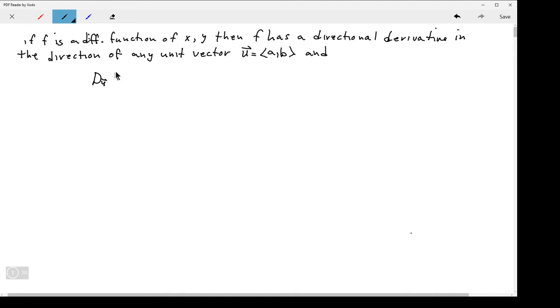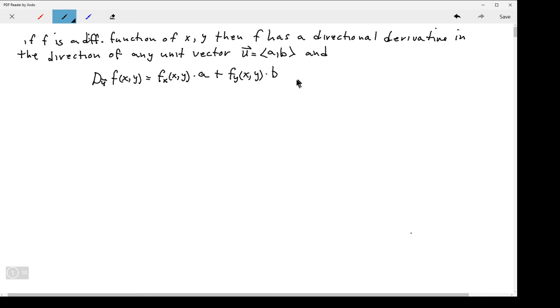So D_u f(x,y) is the directional derivative in the direction of u of the function f, and it is going to equal fx(x,y) times a plus fy(x,y) times b. Now this should look familiar to you.